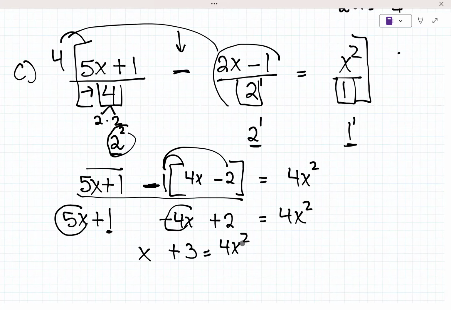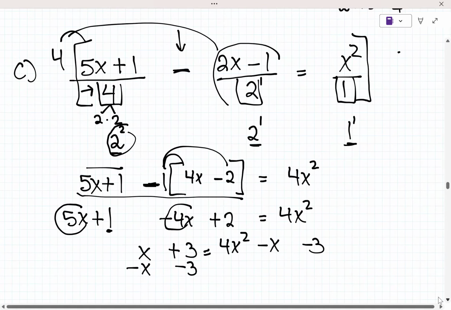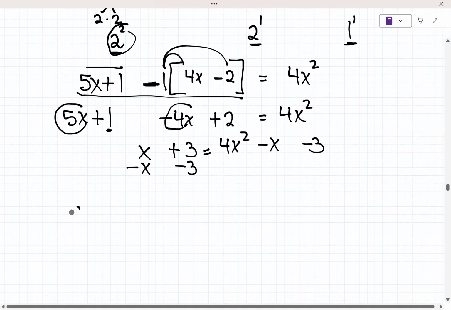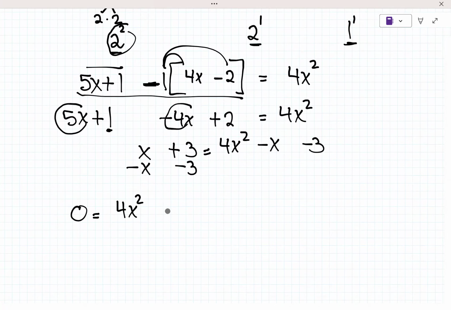Technically you can move the 4x to the left, but then you have a negative, and you've got to get rid of that minus. Just more work, right? So I'm going to just subtract x and subtract 3. Okay, so you get 0 equals 4x squared minus x minus 3.